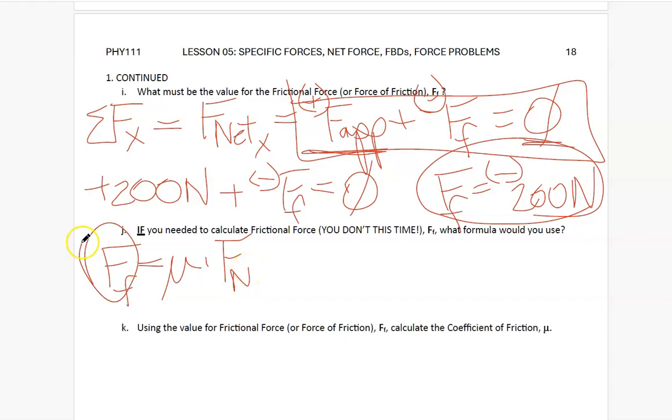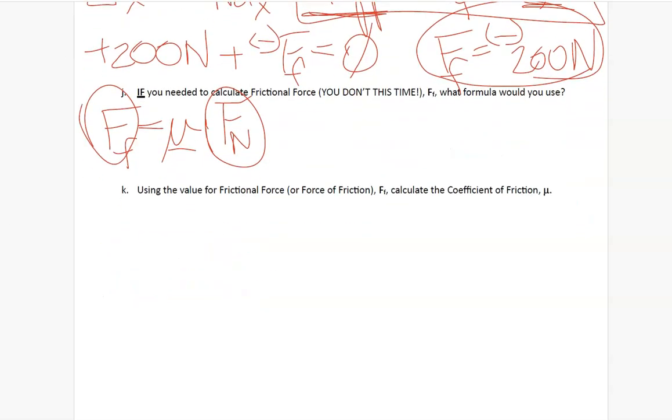We know the frictional force. We know the normal force, so we can easily calculate mu. So just writing that same formula down again allows us to calculate the mu value, the coefficient of friction in this case.